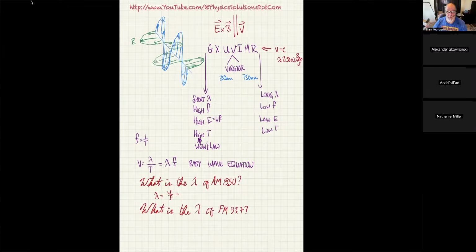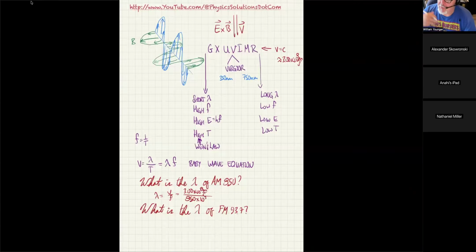If you're talking about AM, then the radio station, the 850, is the frequency in kilohertz. So we're going to say 3.00 times 10 to the eighth meters per second divided by 850 times 10 to the third.